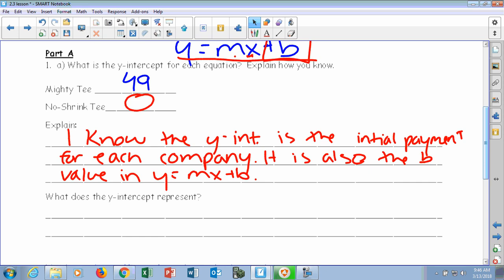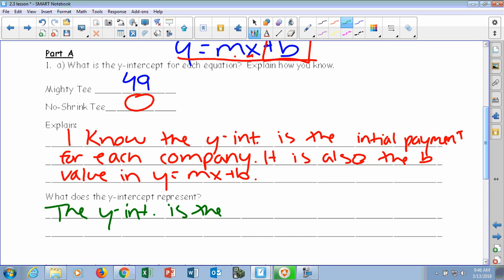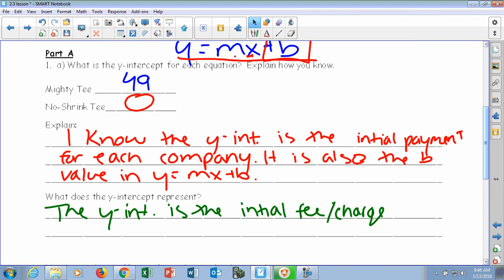So below that it says, what does the y-intercept represent? Looking at these equations, Elena, what does the y-intercept represent? Okay, so we can say the y-intercept, very good, is the initial fee or charge.